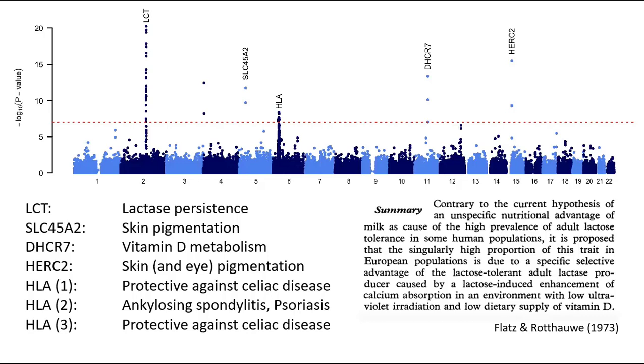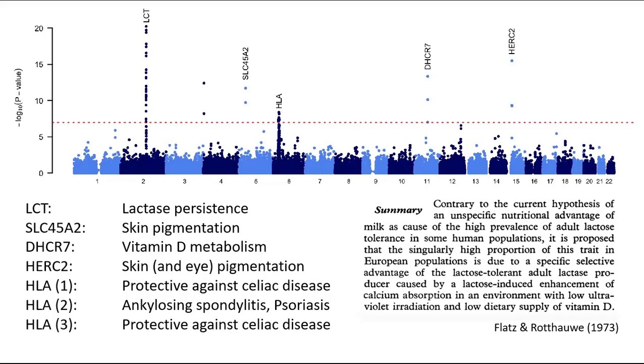And one of the major functions of vitamin D is to allow you to absorb calcium, which is obviously important for bone development. And the idea is that lactase persistence allows you to consume milk, which contains a lot of calcium, and a small amount of vitamin D, but enough vitamin D to allow you to absorb the calcium that's present in milk. So one hypothesis is that that's what's driving selection on lactase persistence.